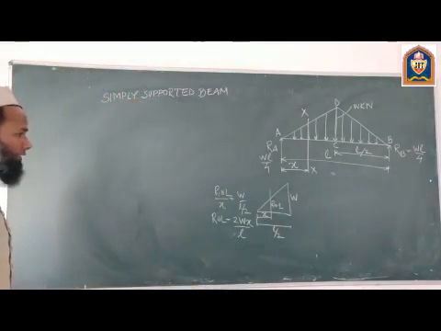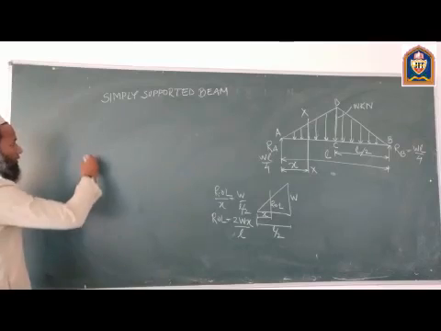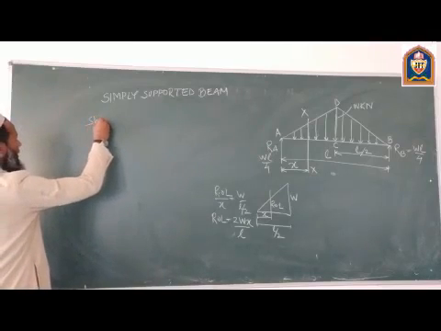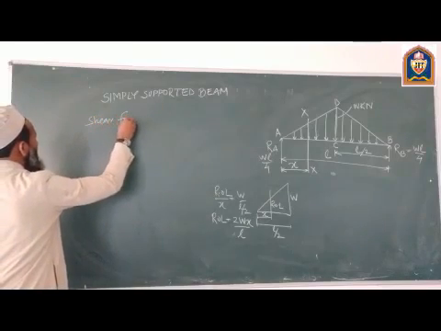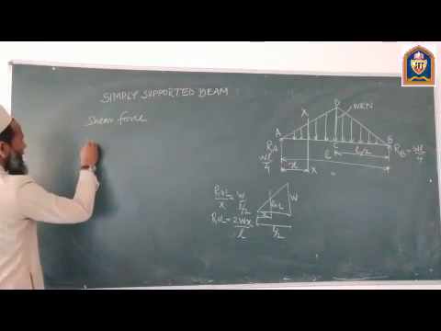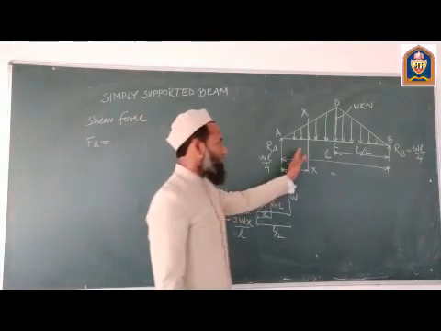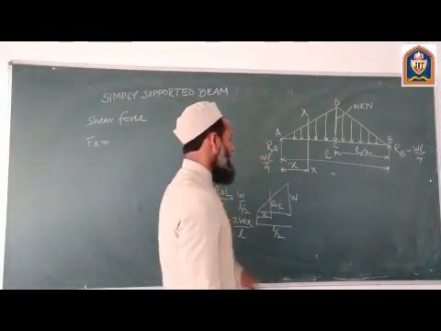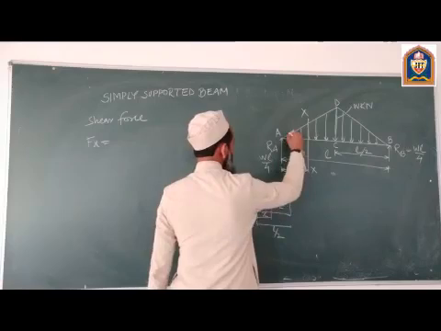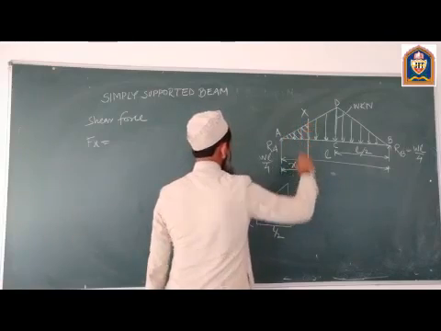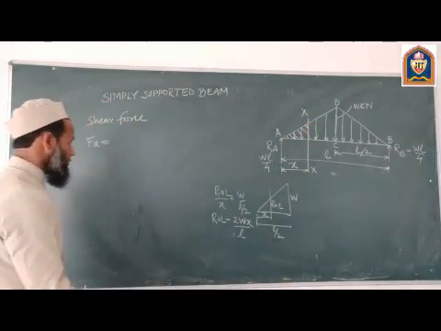So now let us write down the general equation for the shear force. Fx is equal to, so we will consider the forces on the left of the section. This area of the triangle will give us the force.